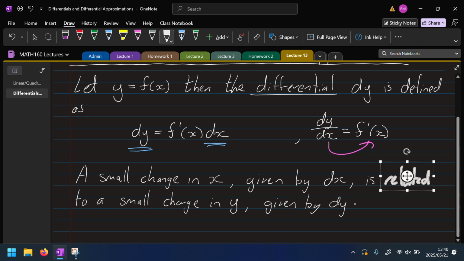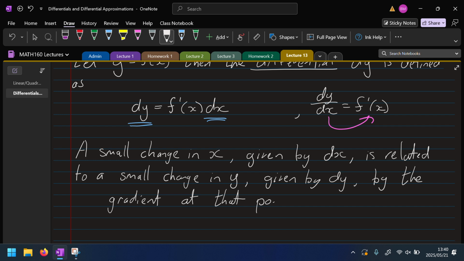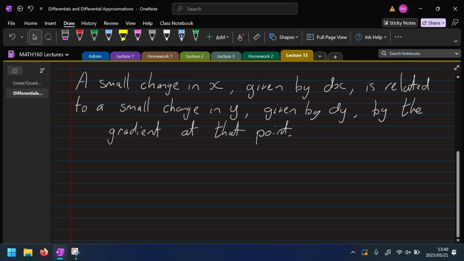by the gradient at that point. We know this already from dy by dx equals m, but imagine it this way. We have our function of x, and we zoom in on a very tiny triangle.